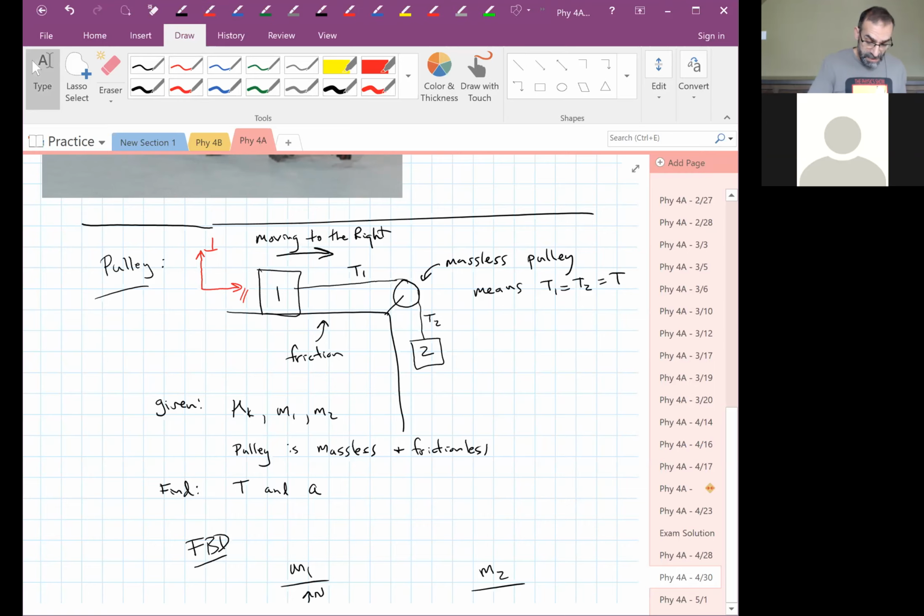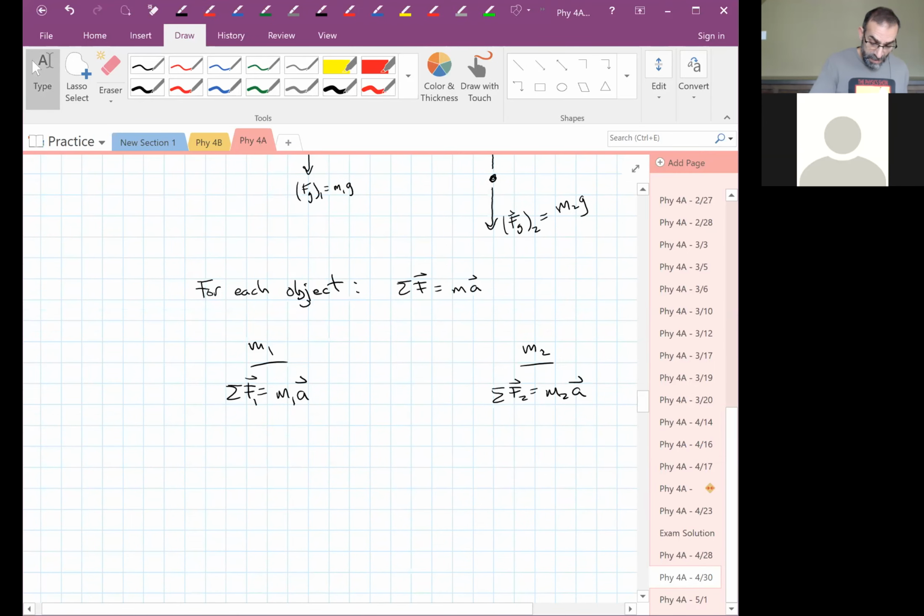Okay, so we're going to break this up, right? Sum of the forces parallel is m times the acceleration in that direction, and the right is the positive direction, and sum of the forces perpendicular to the motion is m times 0, right? And we're saying up is the positive direction.